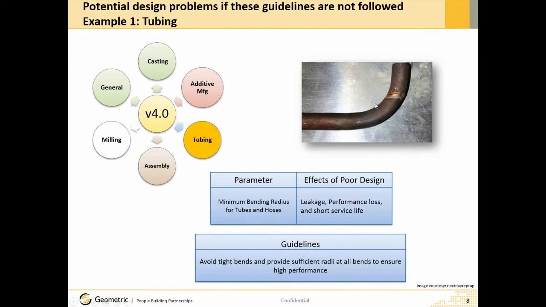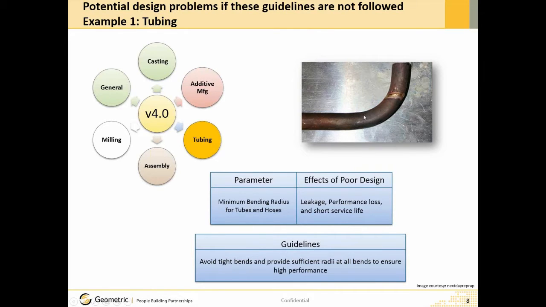What is happening in a bending process is that there are compressive forces at play on the inner radius, and on the external radius of the tubing during bending, it is going through expansion. So it could at times lead to cracks, at times develop thin areas, and this could lead to a lot of leakage, performance loss, and many times a short service life.